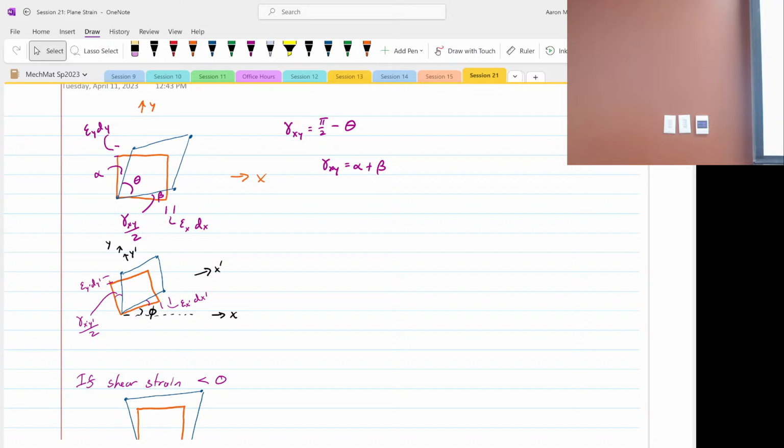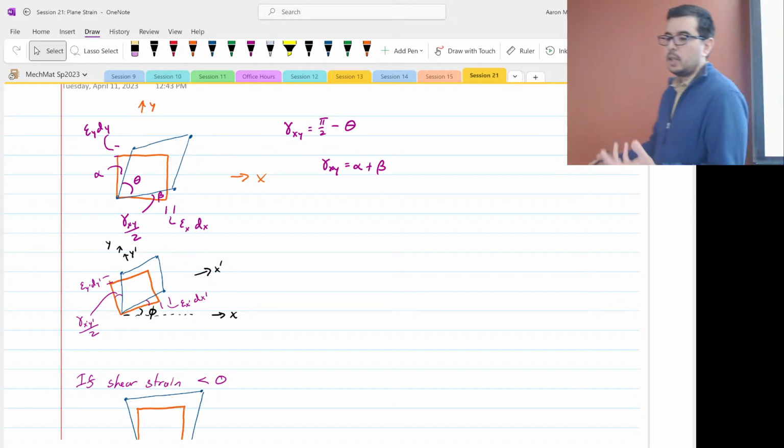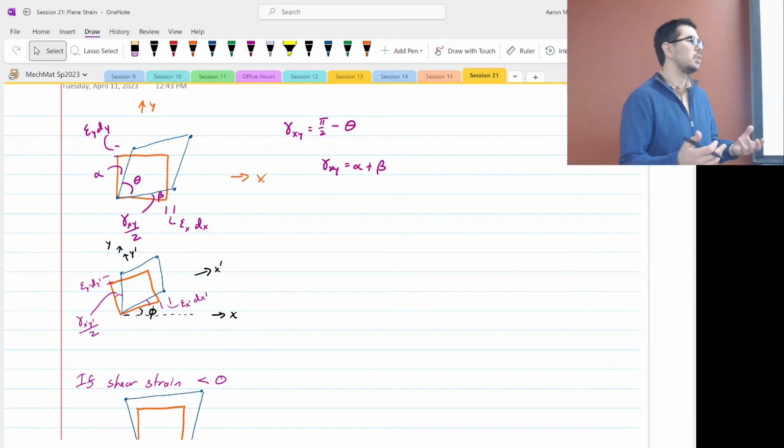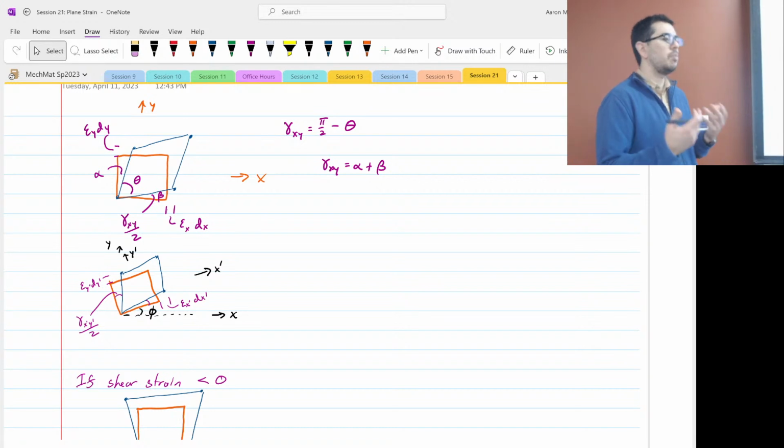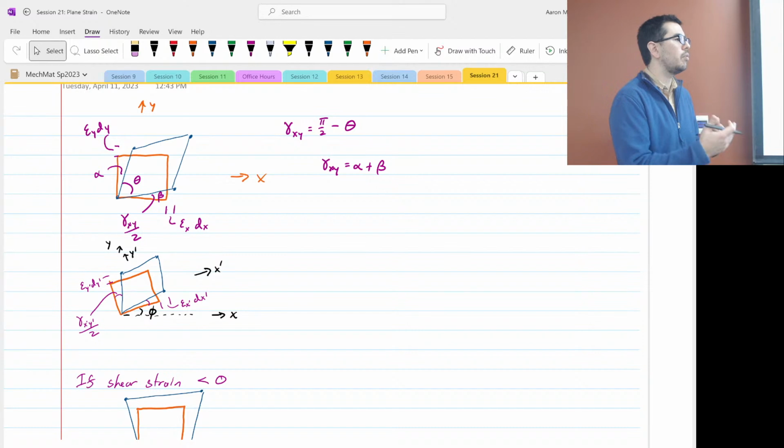The question is, how do you relate the x prime and the y prime? One thing to keep in mind is that we're dealing with 2 reference frames. We're dealing with our base xy plane, and then a reference frame on top of it.